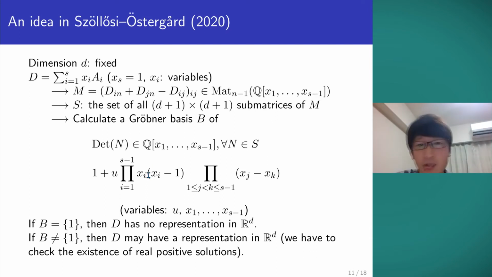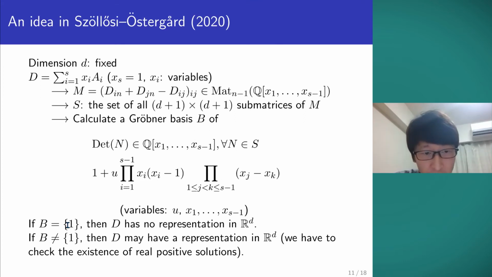Then we can calculate the Gröbner basis B of this system. If this polynomial is equal to 0, then x_i and x_j are different.